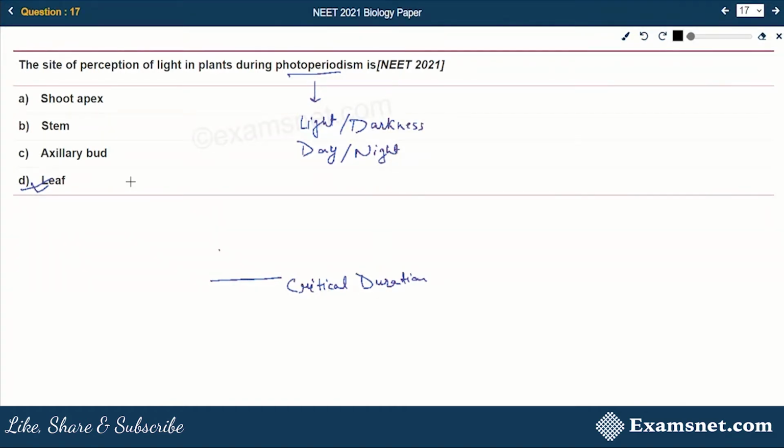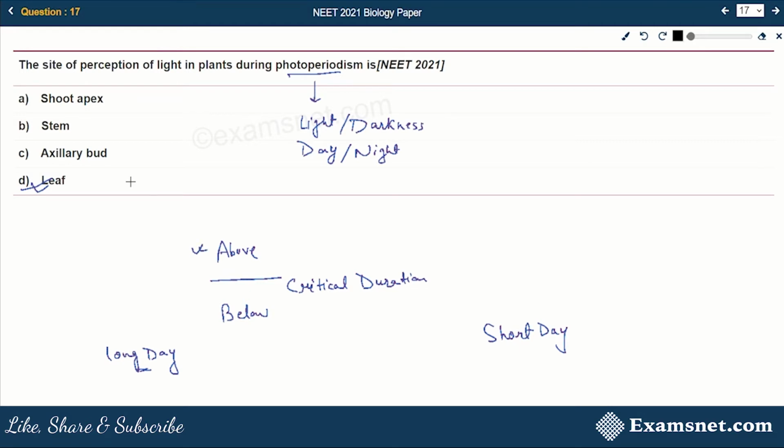So this is suppose above the critical duration and this is below the critical duration. Now, depending on how much exposure a plant needs, they are classified into long day plants and short day plants. What is the difference between long day plants and short day plants? Long day plants need exposure above the critical duration.